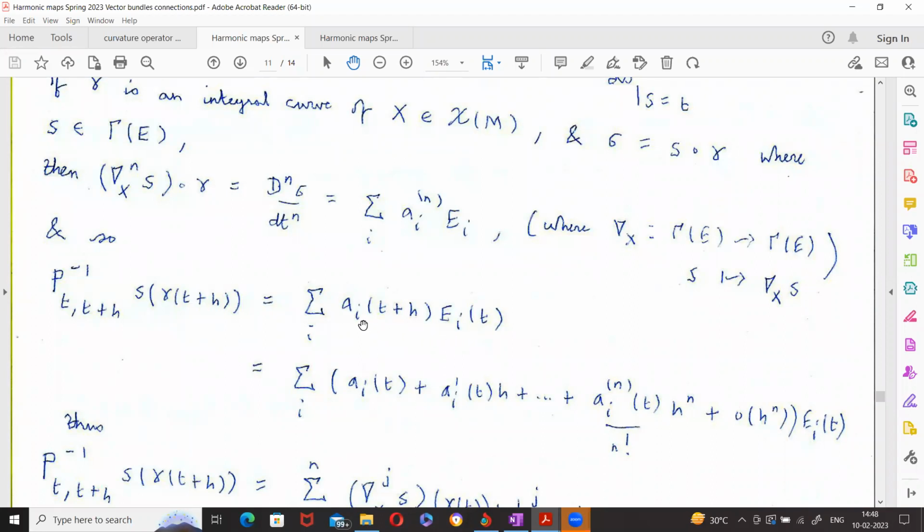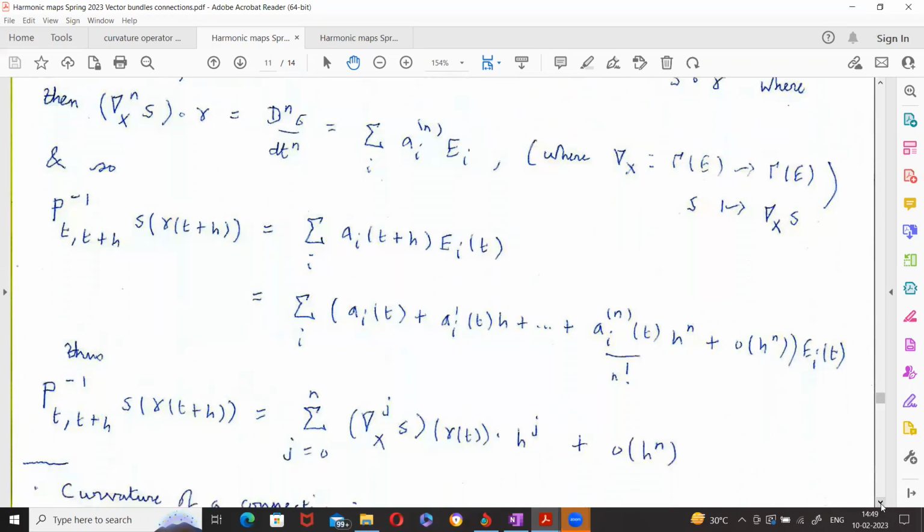Now I apply the Taylor formula to the coefficients. So this I can write as a_i(t) plus a_i'(t) h plus a_i^(n)(t)/n! h^n plus a term which is little o of h^n, the whole thing times E_i(t), right? But now each of these terms, for example, the second term here, the sum over i of a_i'(t) E_i(t), that is nothing but nabla_X of S, right?